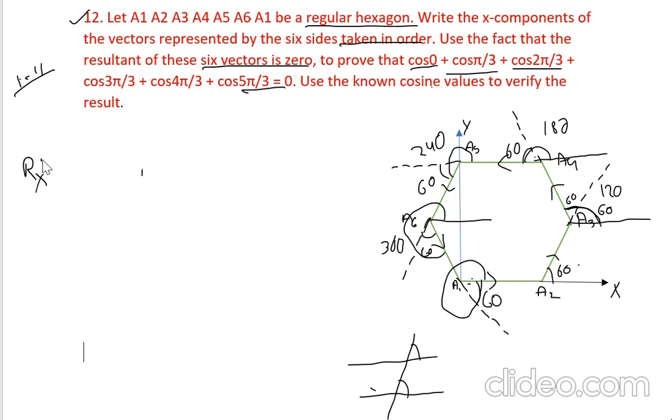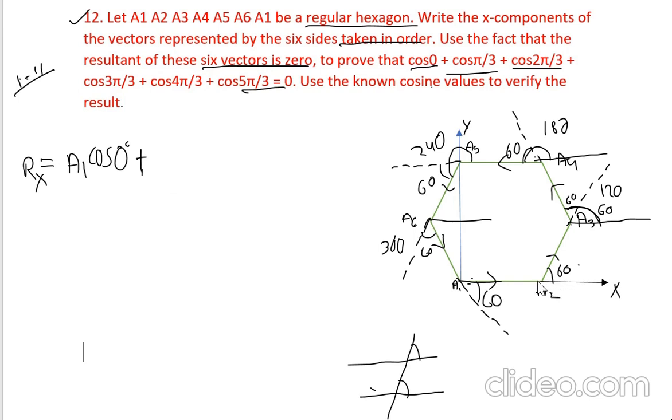So first we have to write the x component. So Rx is here. This is the A1 vector. We have to erase this because a large number of lines are there. So this is our A1 vector and it is along the x-axis, so the angle is 0 degree, so I write it as A1 cos 0 degree.